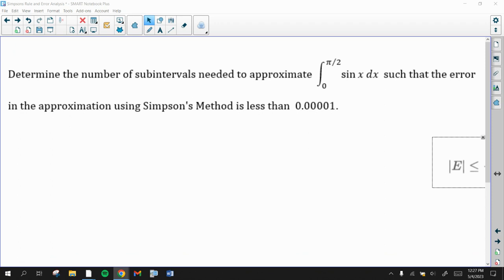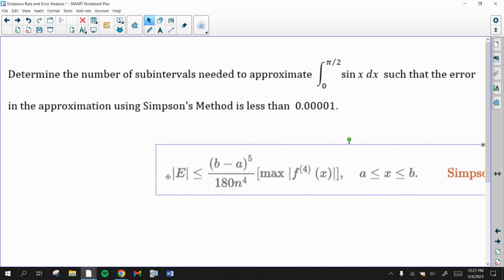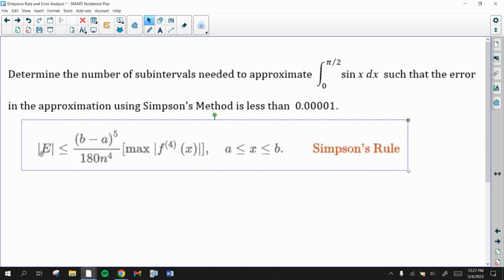So the maximum error that Simpson's method can give you is this value.